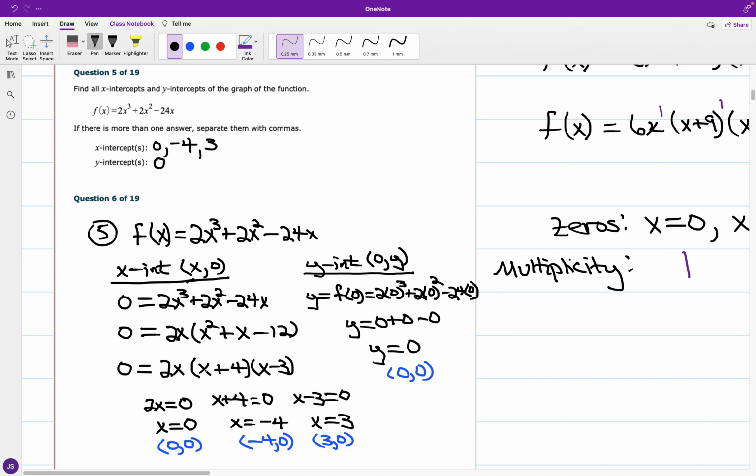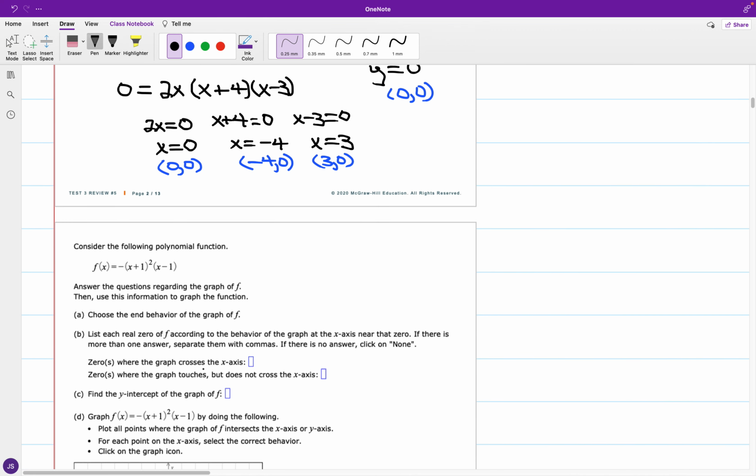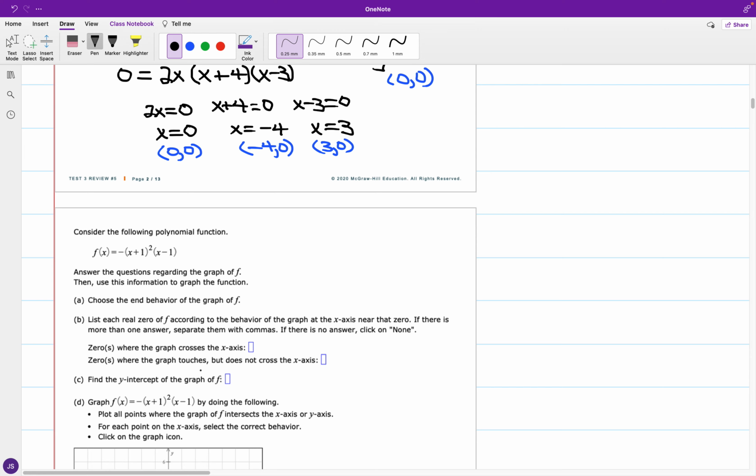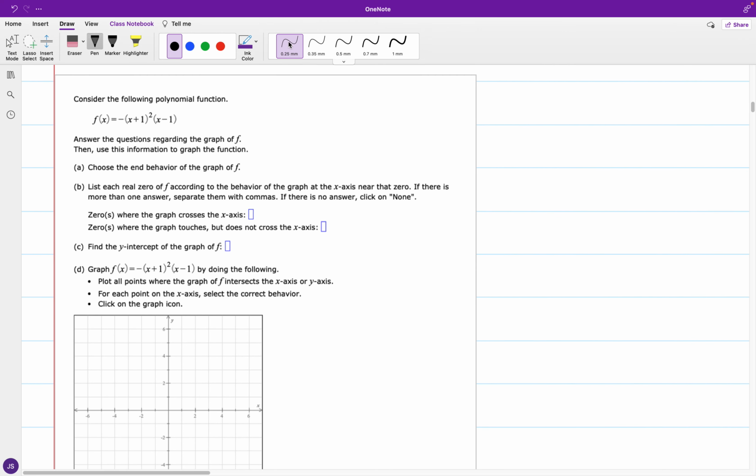All right. Now, kind of fresh off of what we had looked at regarding end behavior, for number 6 we have formally addressing this item.